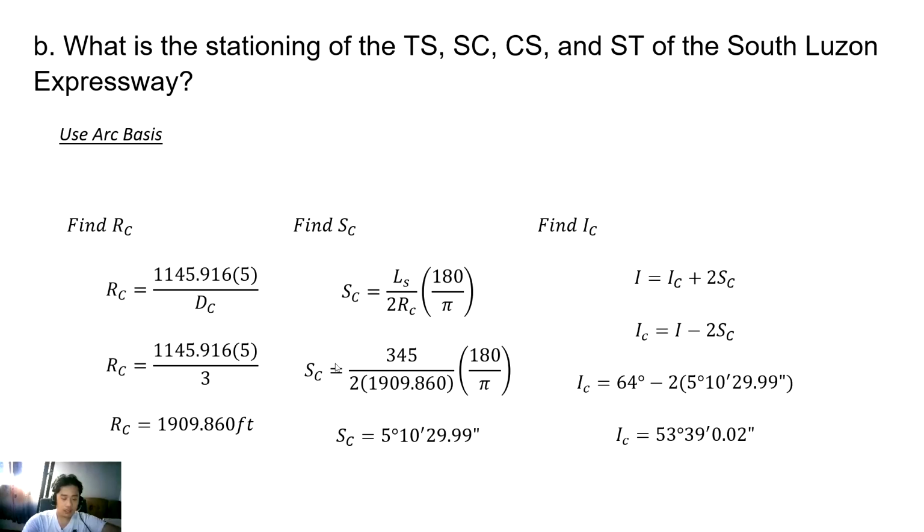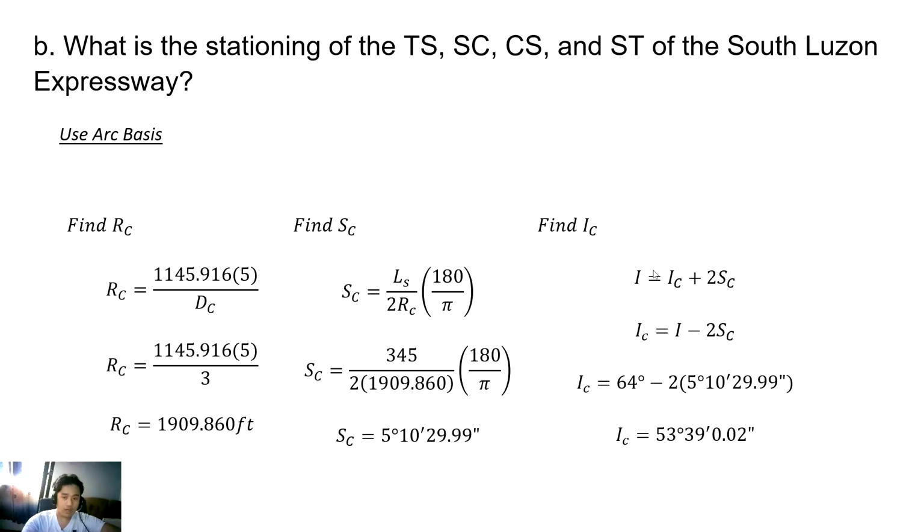So, ang spiral angle natin sa SC ay magiging 5 degree and 10 minutes and 29.99 seconds using this solution, which is 345 over 2 times 1,909.860 times 180 over pi.